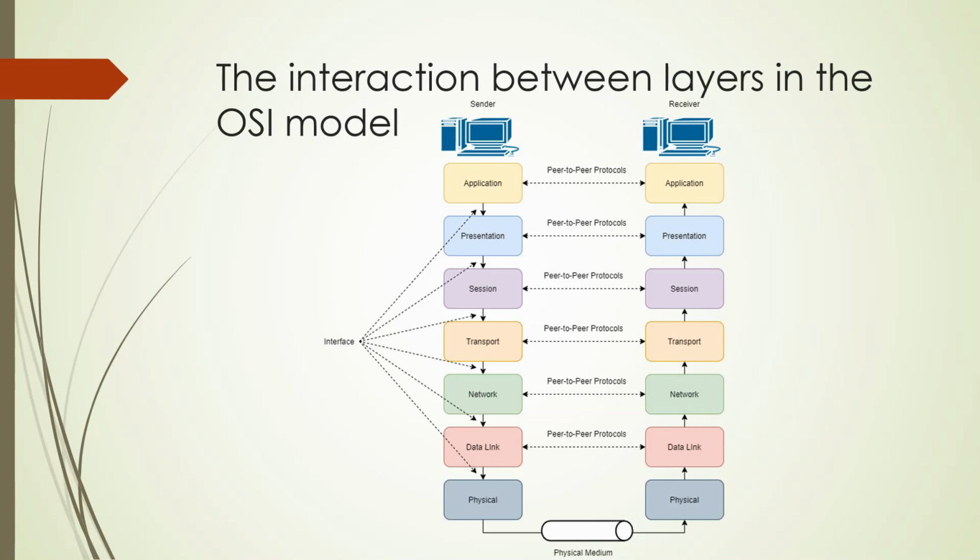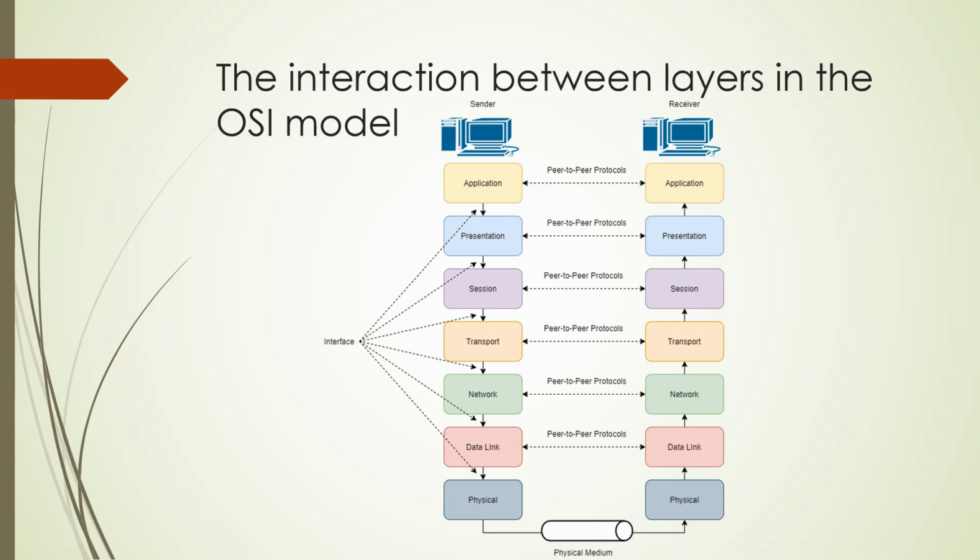But in the case of the receiver, after the mail is received through the physical medium, what will happen? The mail first will go to the physical layer, and then from the physical layer, step by step, it will go to the application layer, and then it will go to the receiver.